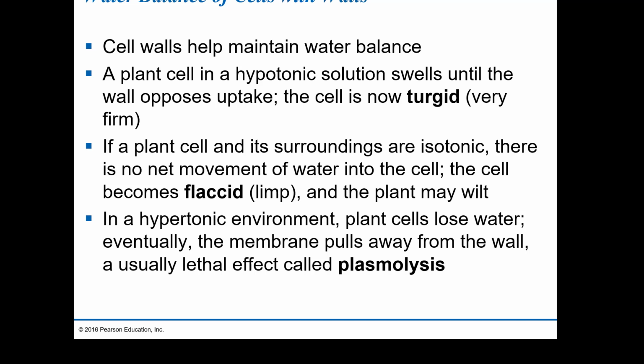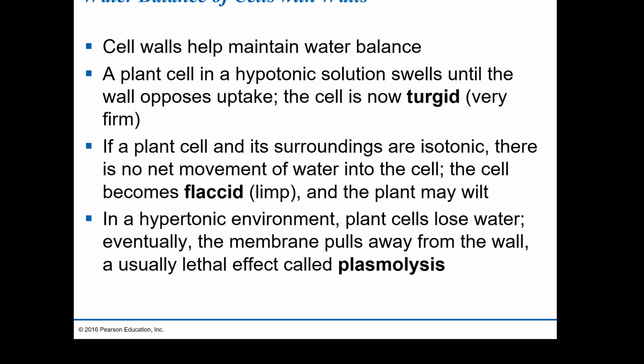Cell walls help maintain water balance. Plant cells are different than animal cells. Animal cells are happiest in an isotonic solution, but a plant cell is actually happiest in a hypotonic solution. It wants to be a little bit swollen so that the cell wall is turgid, very, very firm.